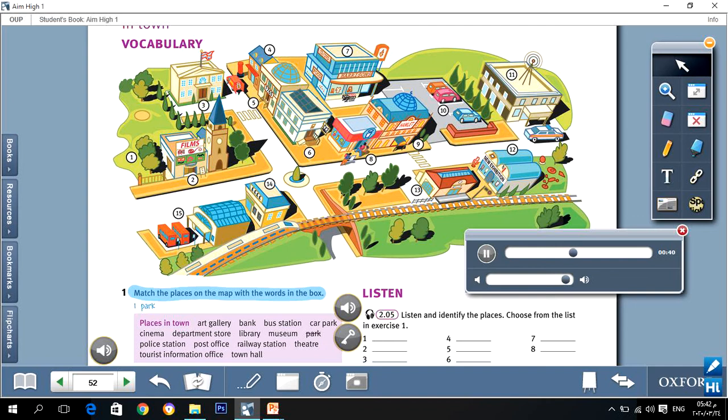Department store. 8. Tourist information office. 9. Theatre. 10. Car park. 11. Police station. 12. Art gallery. 13. Railway station. 14. Bank. 15. Bus station.